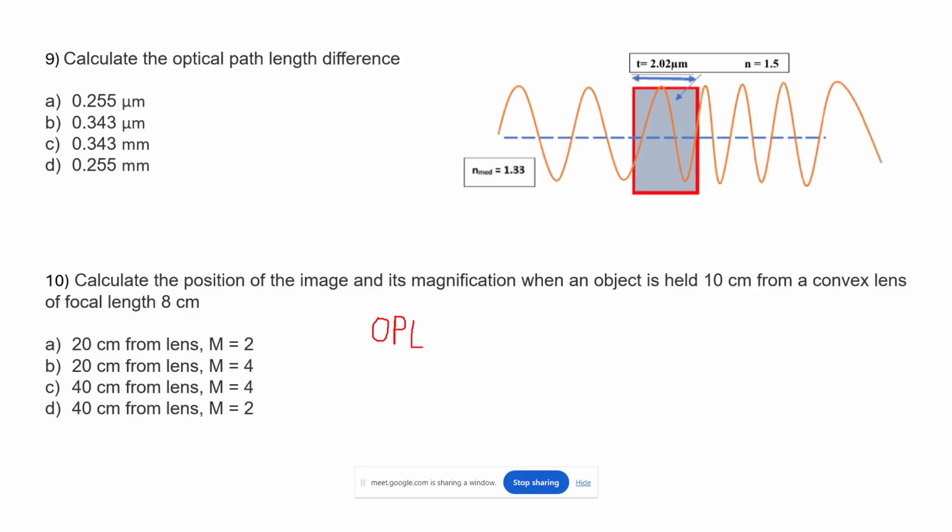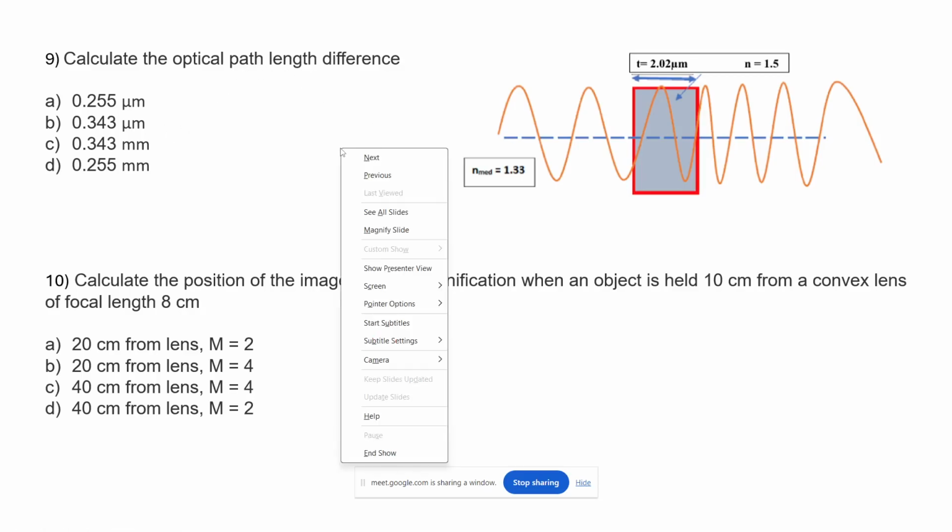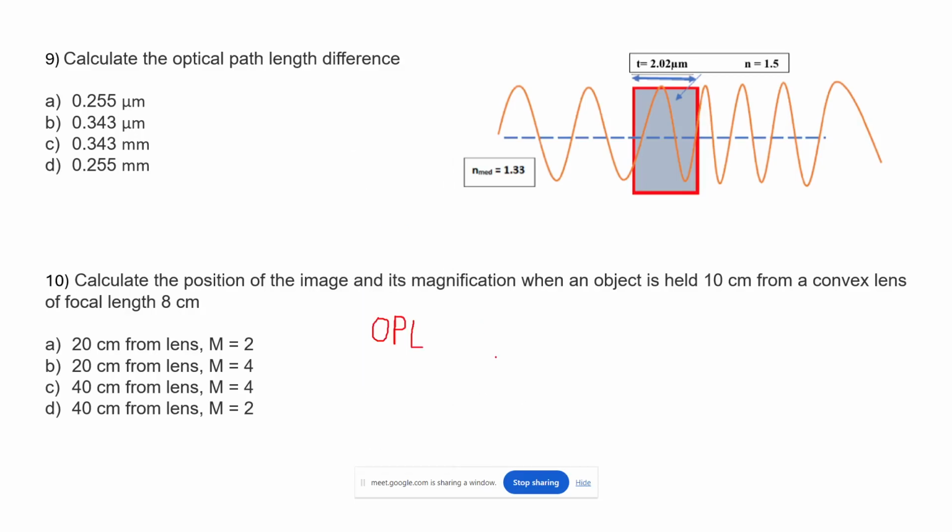Okay. So we need to calculate the optical path length difference. First we need to know what the optical path length is. The optical path length is given by the refractive index, n, times the distance through which it travels, that is, the thickness.